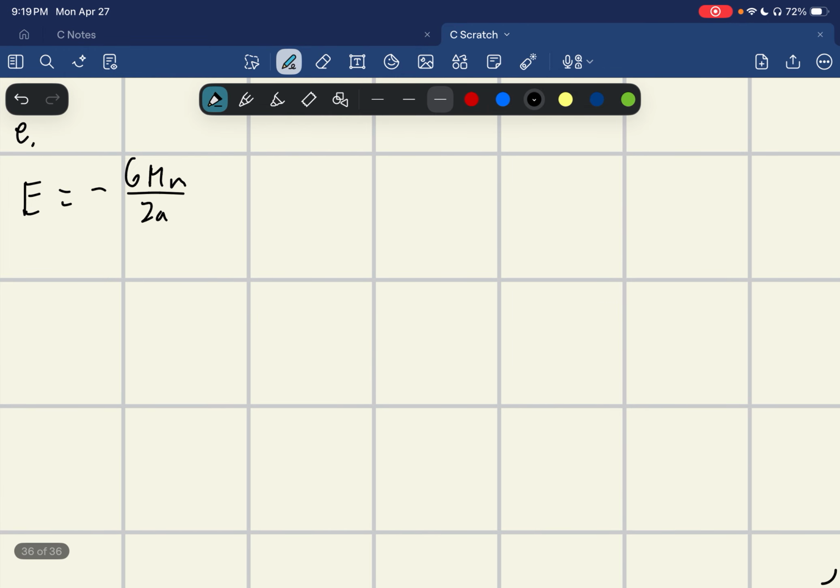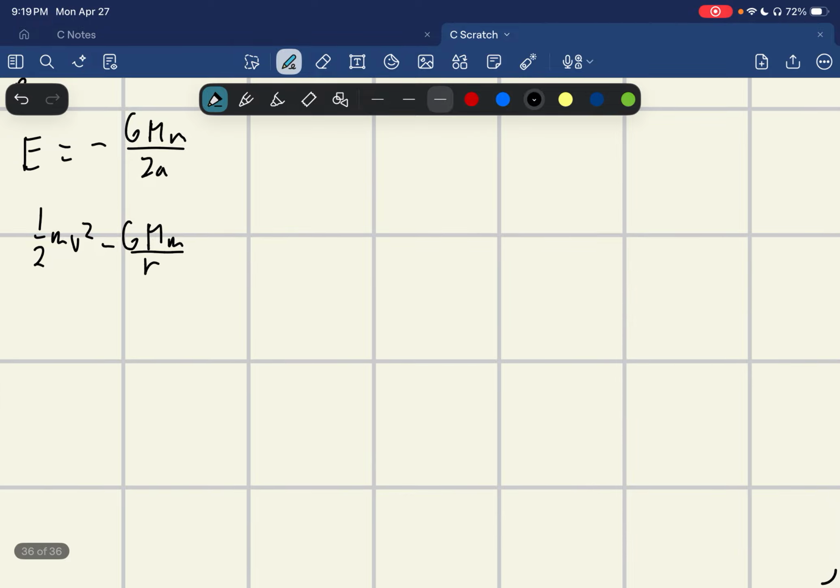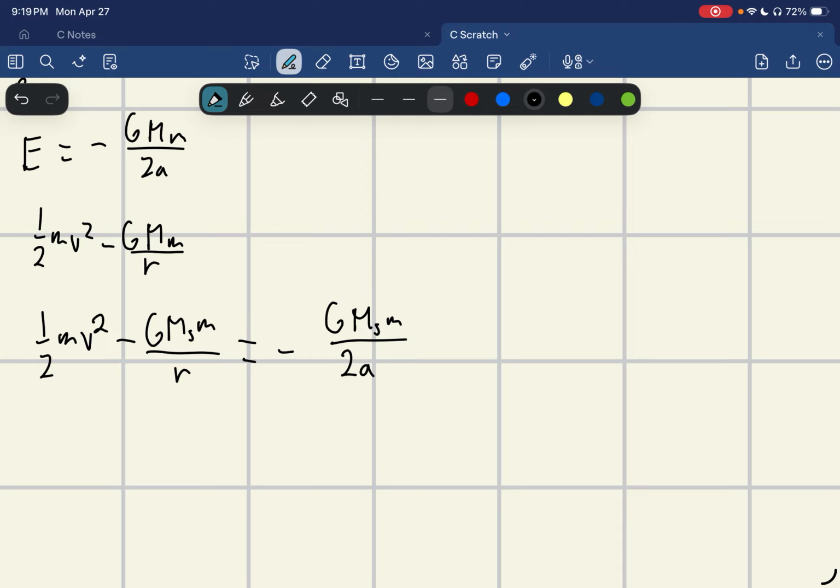But we also know that the general form of it is 1/2 mv squared minus G big M times little m all over r, and then we'll set the two equal to each other. So it'd be 1/2 little m v squared minus G Ms little m all over r is equal to negative G Ms little m all over 2a.